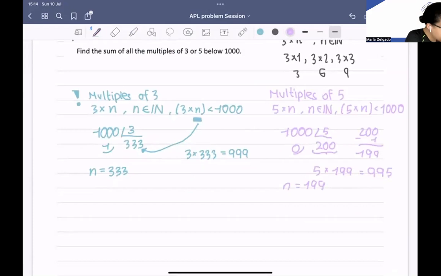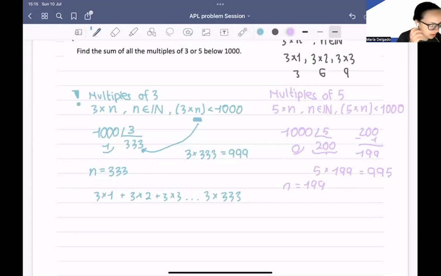It's the whole sum. The sum of the multiples of 3, in this case, will be 3 times 1 plus 3 times 2 plus 3 times 3, etc., until 3 times 333. But this is the step that we're going to do in APL.